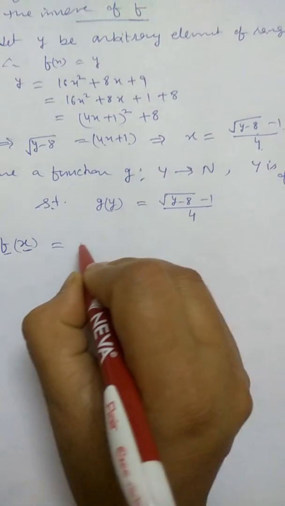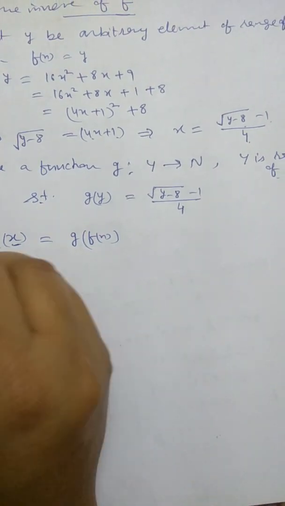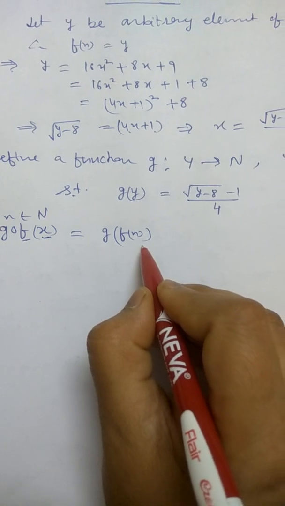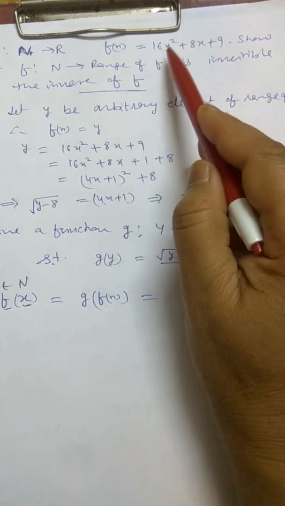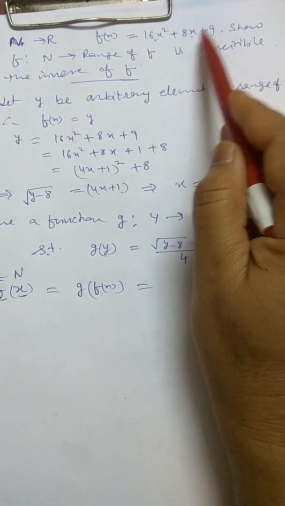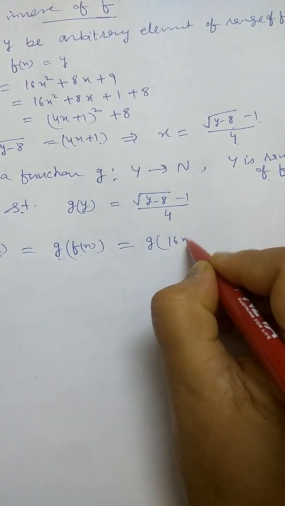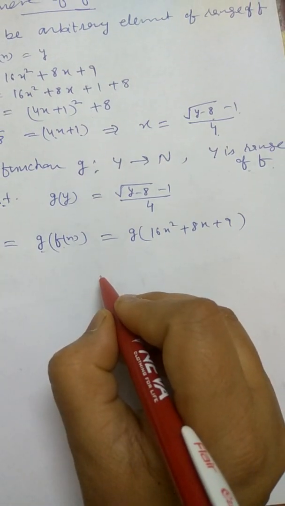Now g of f(x) is equal to g(f(x)). What is f(x)? f(x) is 16x square plus 8x plus 9, and therefore g of f(x) becomes g of (16x square plus 8x plus 9).